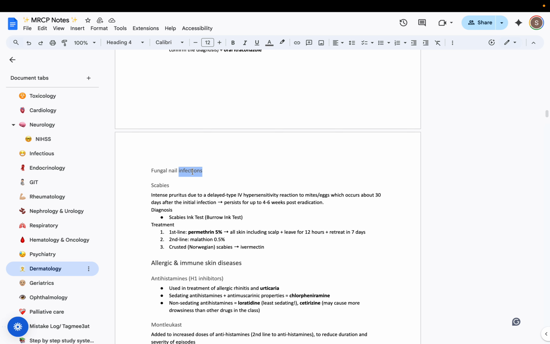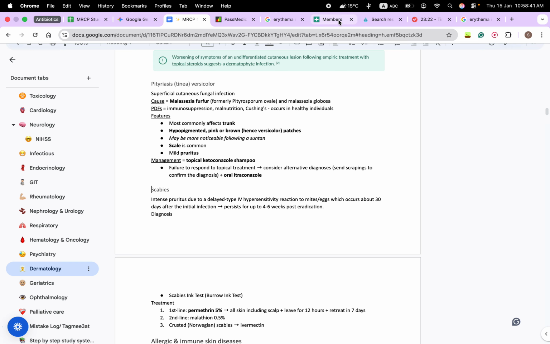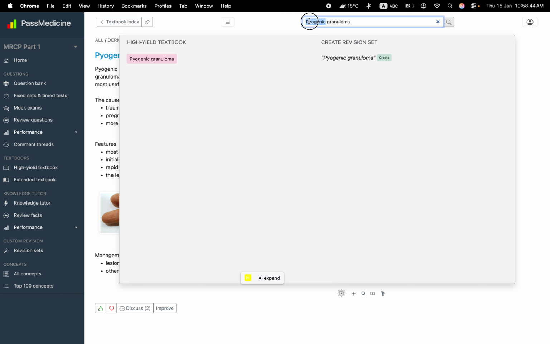Now, fungal nail infections, I think we did this already. It's oral terbinafine treatment. Let me see if there's anything else to know about this. I feel like I need to compile the treatments at the end.